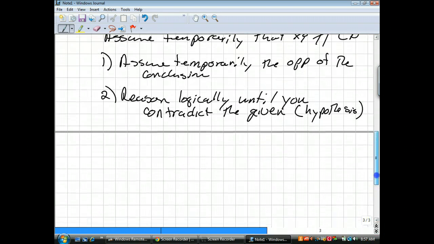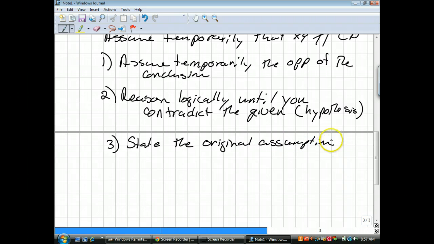Because the given or hypothesis is a known fact. Number 3, you state the original assumption, in other words, what you said in line 1, is false.